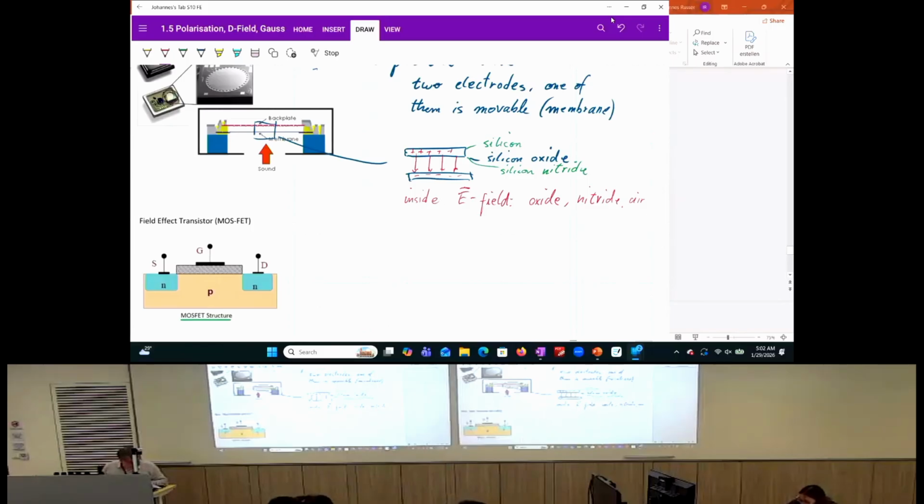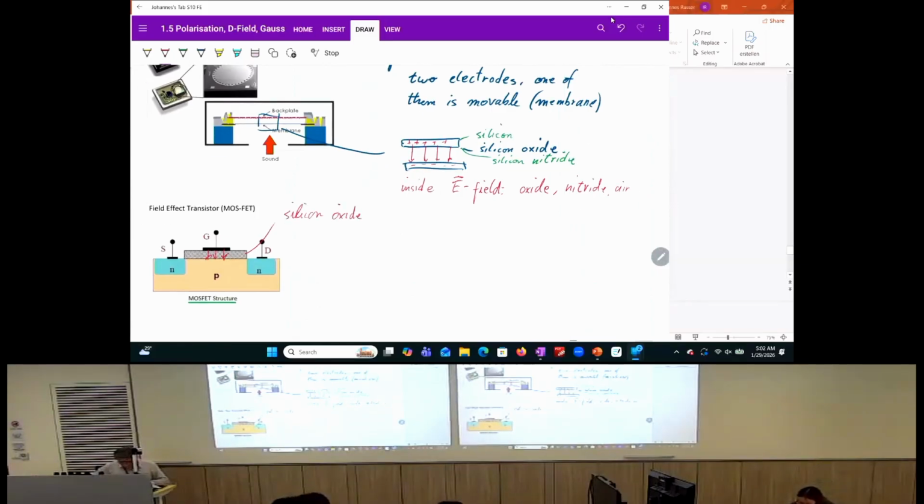Also here you have capacitive aspects to consider when you have such a MOSFET. You have here some silicon oxide. So this is a structure of a MOSFET. I'm not sure how much of that is probably something still to come. That is also not really part of the lecture here, but this is when you get into semiconductors.